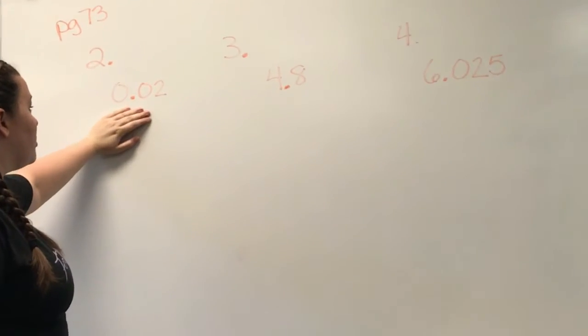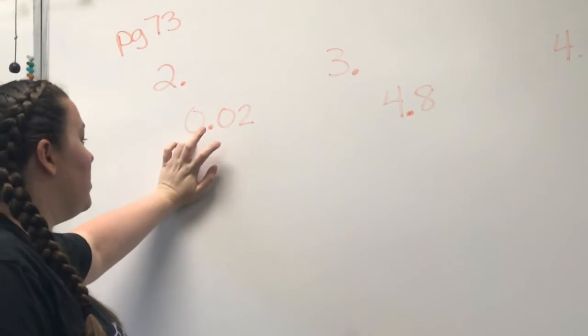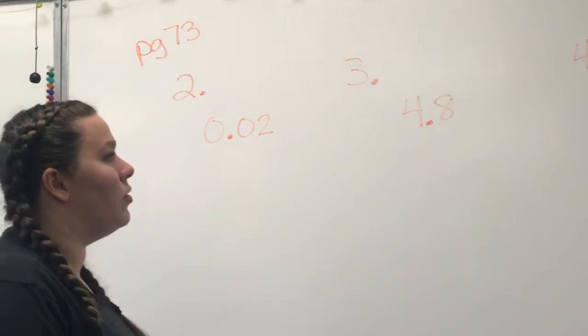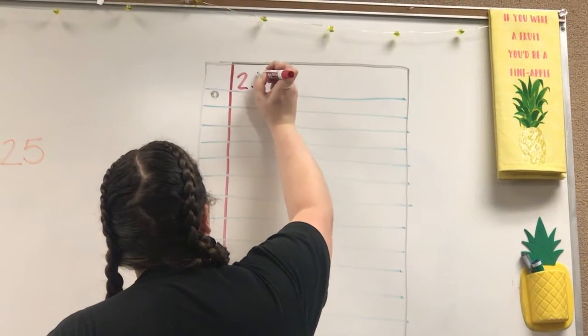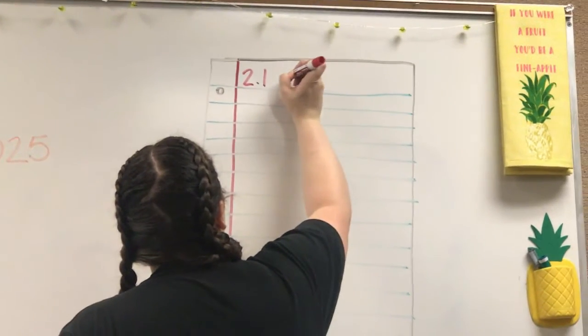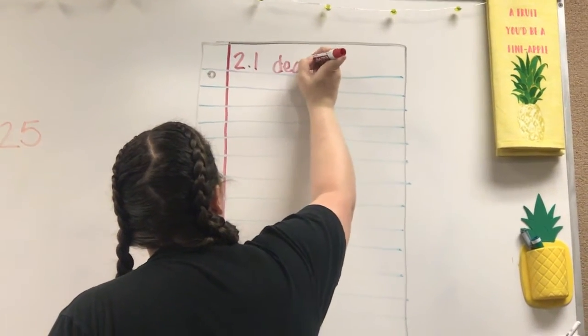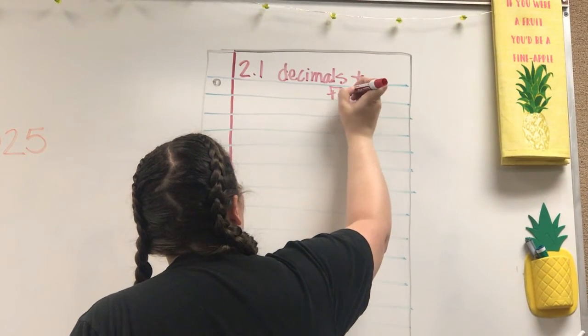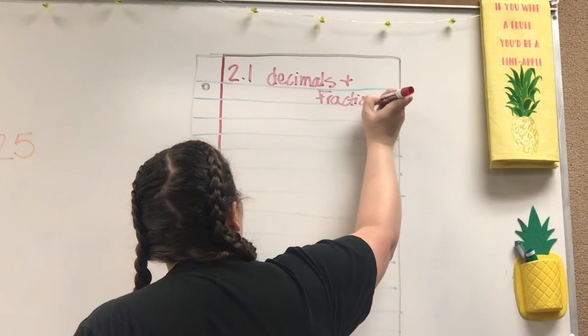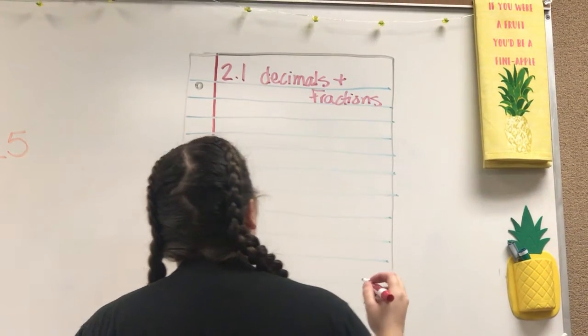Okay, our first problem on number 2 is 0.02. I'm going to hop over here to your notes. This is lesson 2.1, decimals and fractions.